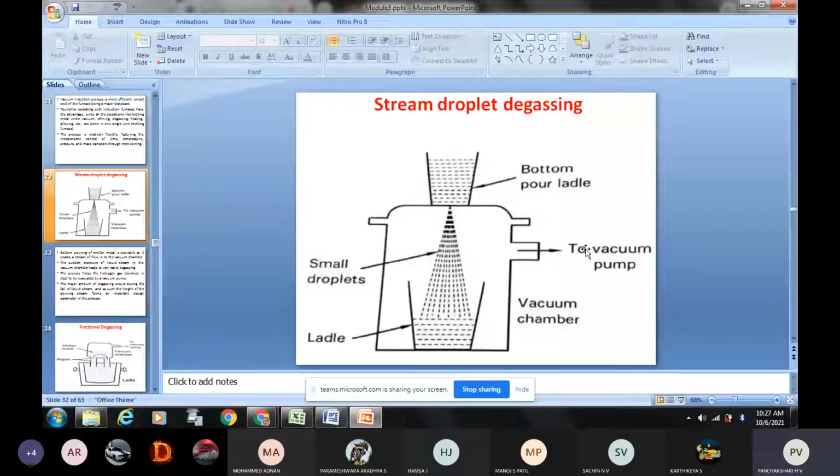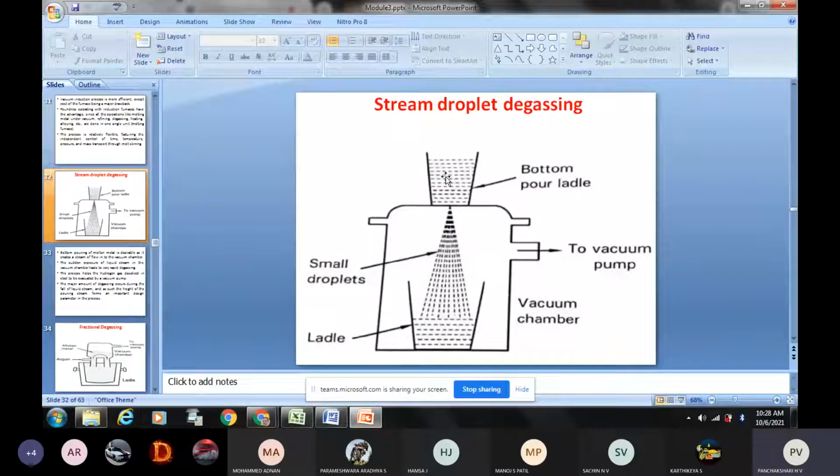That's the whole explanation. There is a vacuum chamber, a ladle at the bottom, and a bottom pour ladle, and liquid metal is continuously fed into it from the furnace outside.